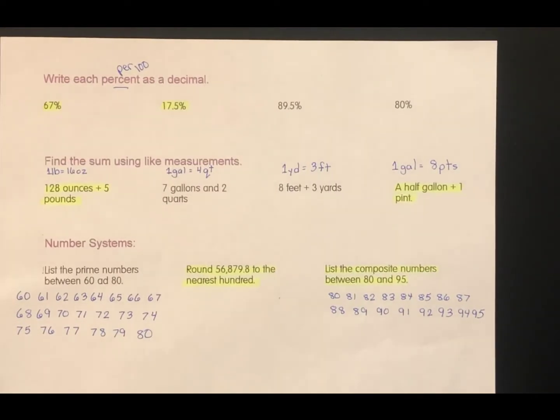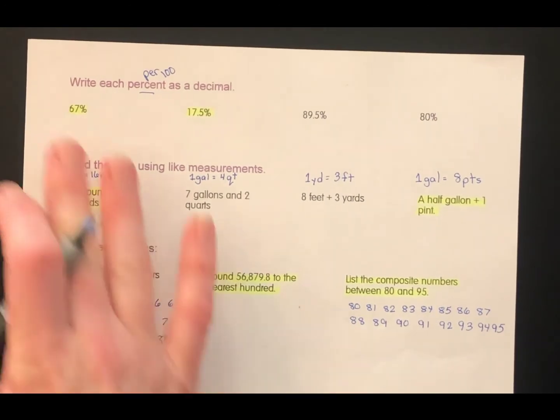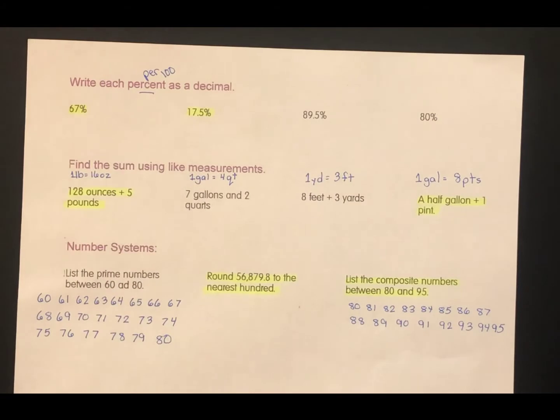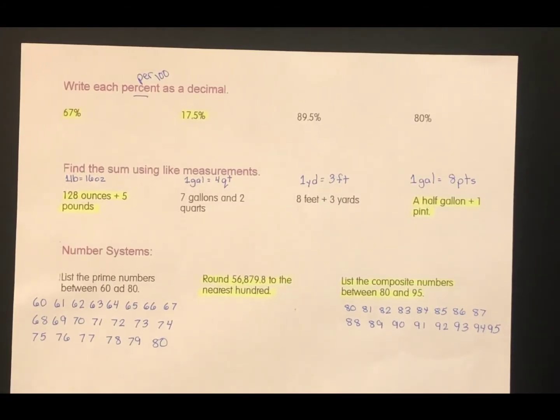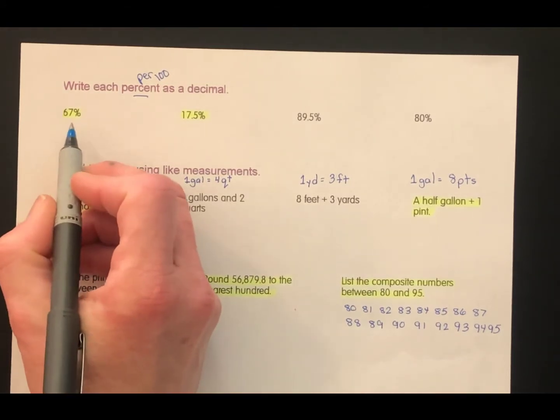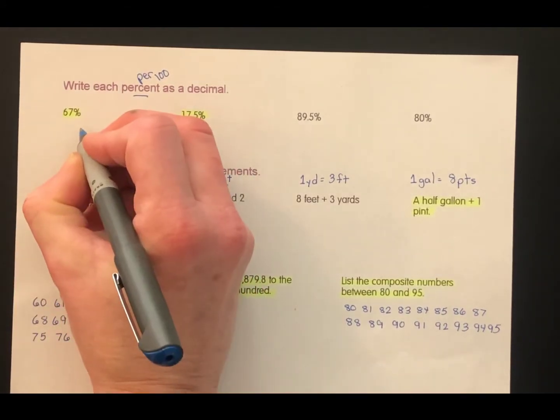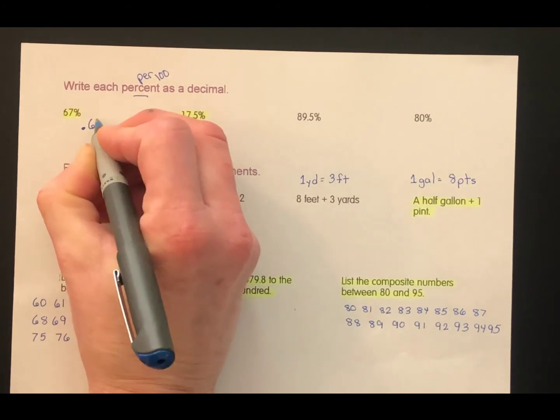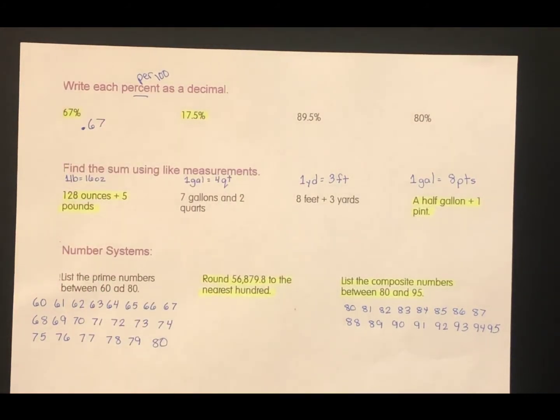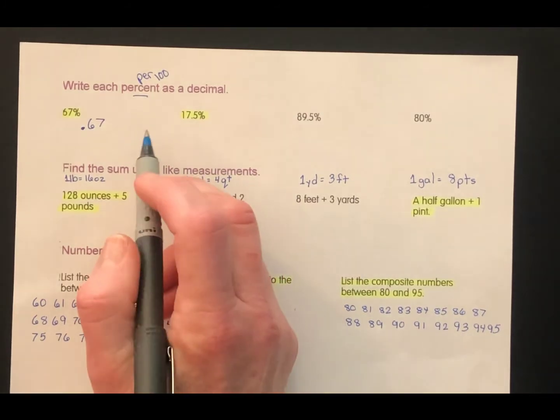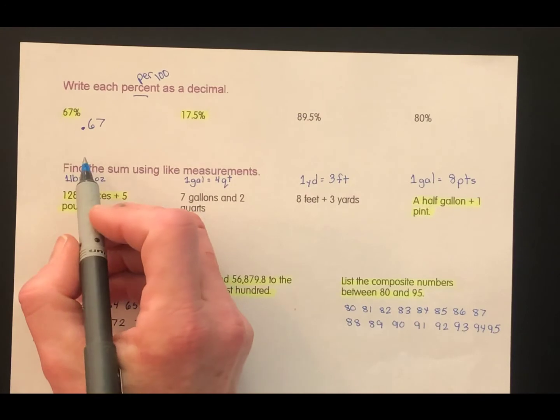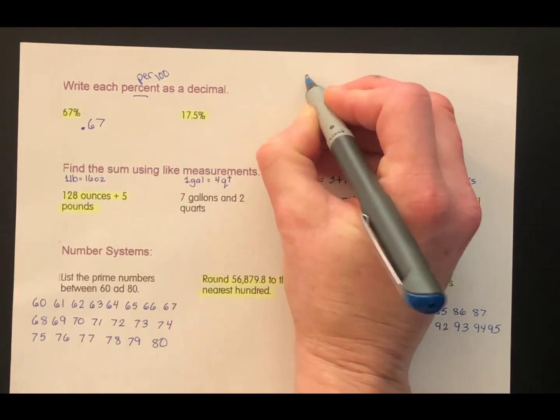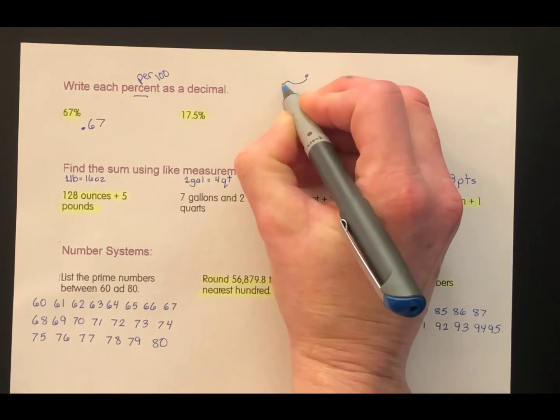Page 13 has a lot of miscellaneous types of skills to work on. The first section is to convert these percents into decimals. A percent means per 100. So to show 67% as per 100, you would write it with the decimal 67 hundredths, just like that. Ultimately, because it's 100, that's 2 places past the decimal, so you're going to move the decimal 2 places.